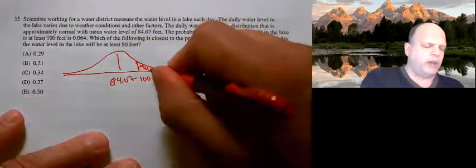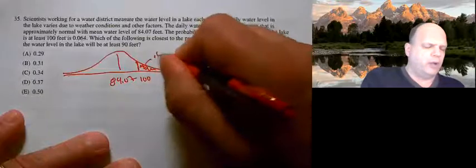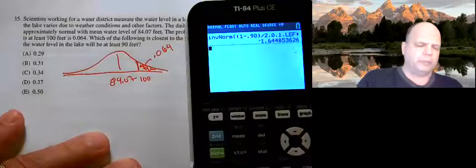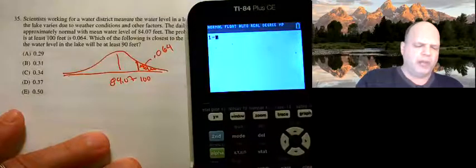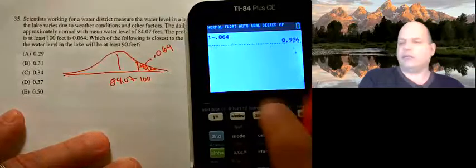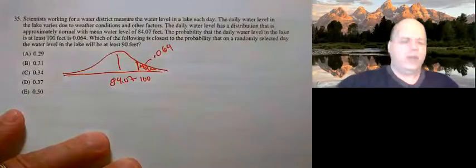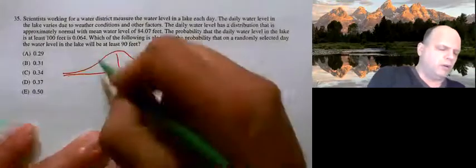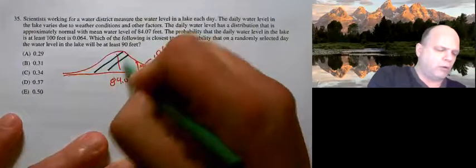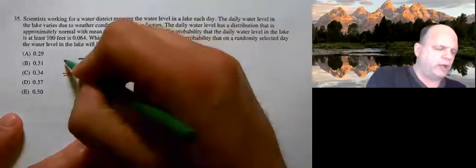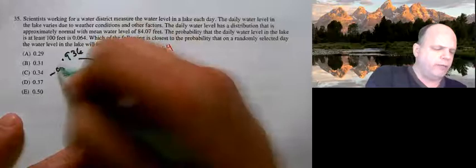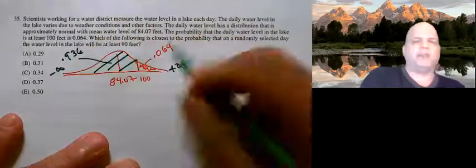So they're telling me this area right here is 0.064. And I'm going to subtract that from 1. So 1 minus 0.064 is 0.936. That means this area back over here, shaded in green, is 0.936. This goes to negative infinity, and this goes to positive infinity.